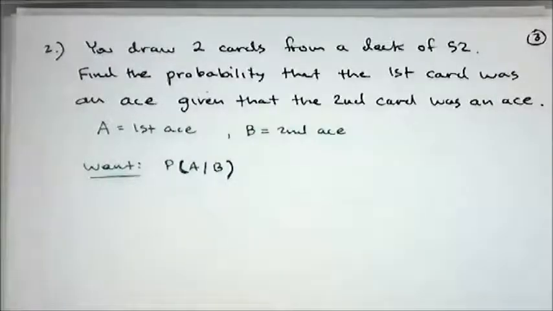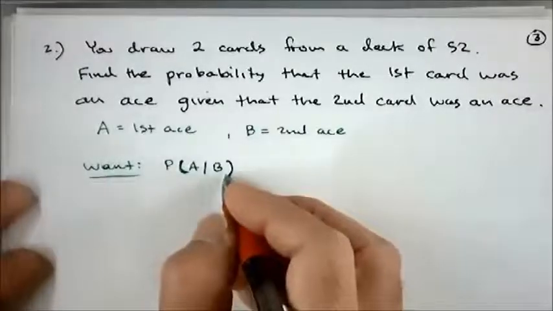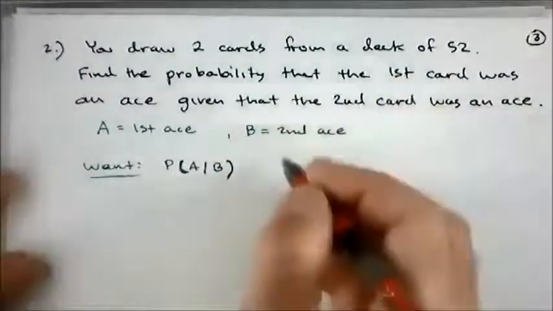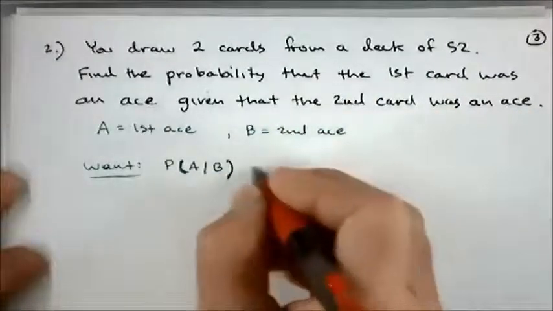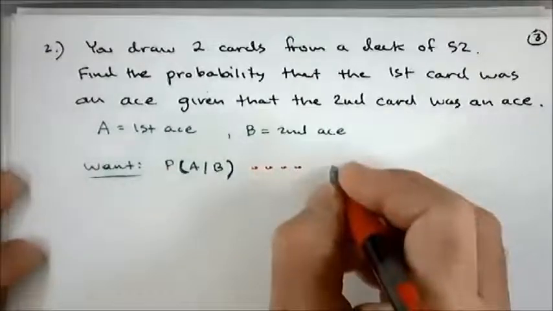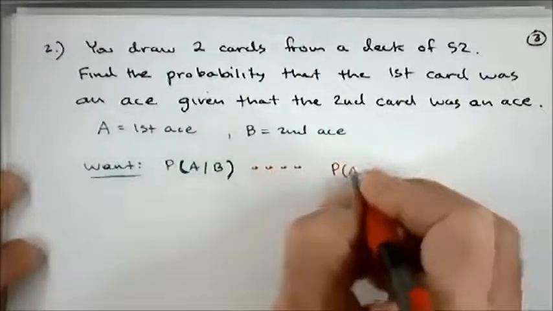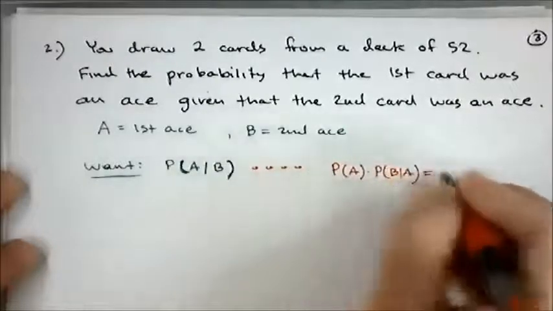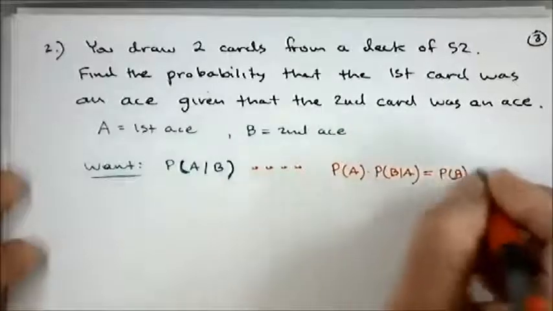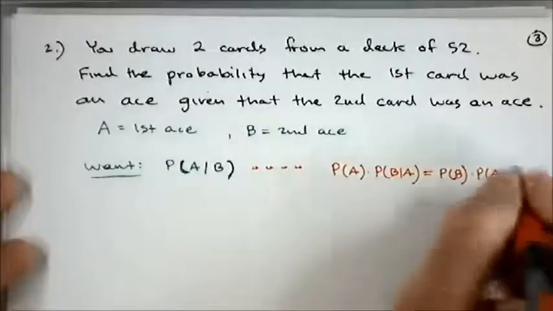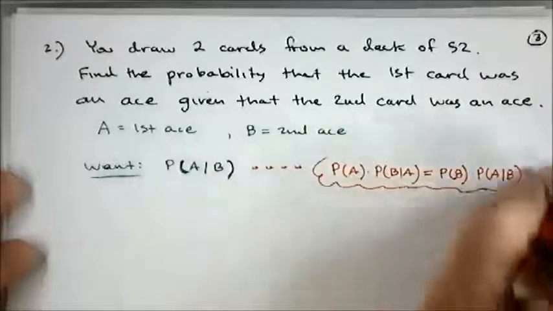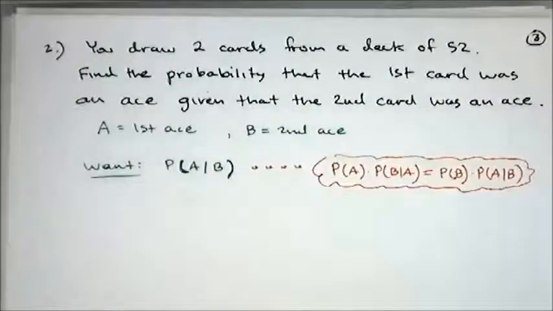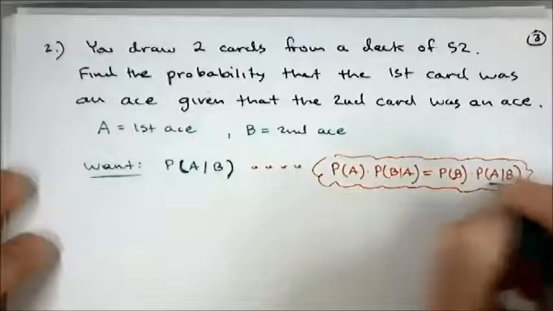Anytime you've got a conditional probability that's not given in the problem, think of exactly what we've been doing: the probability of A times the probability of B given A has to equal the probability of B times the probability of A given B. And the conditional probability you're trying to solve for will be in here, right there.